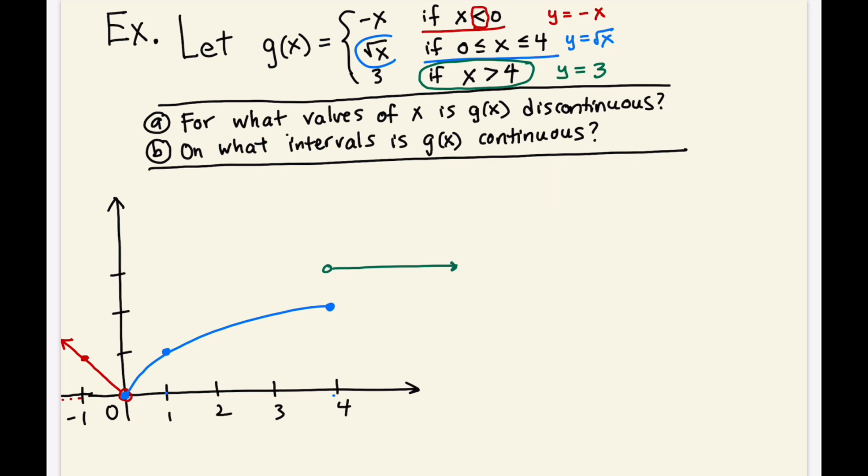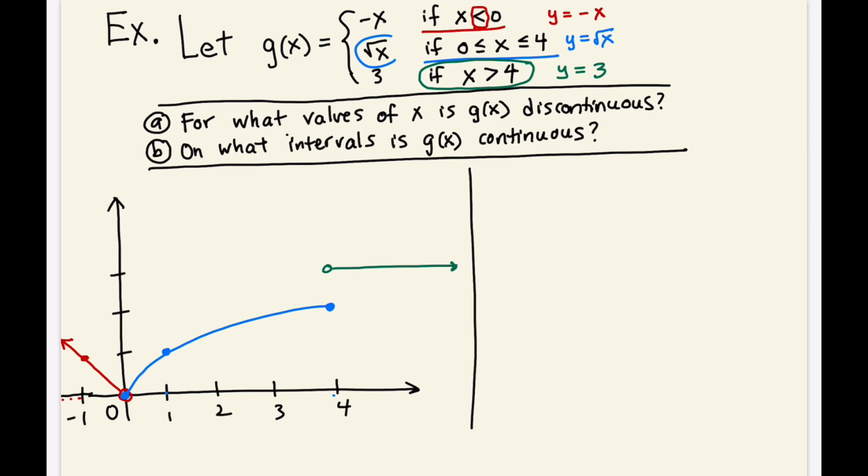If you think about what I said in the last video, if I were to try to draw this function, I would start over here, and I would not have to lift my pencil until I get to 4. Then I would have to lift it up in order to draw the rest of the graph. So you can see instantly the discontinuity.